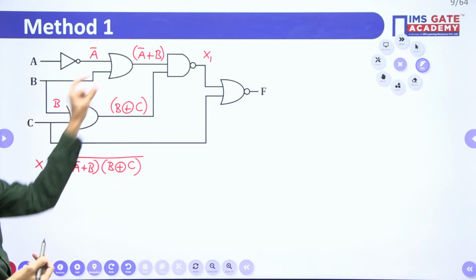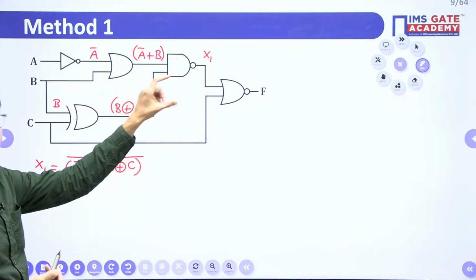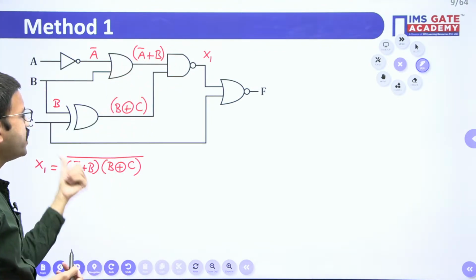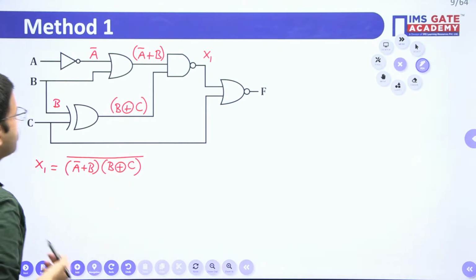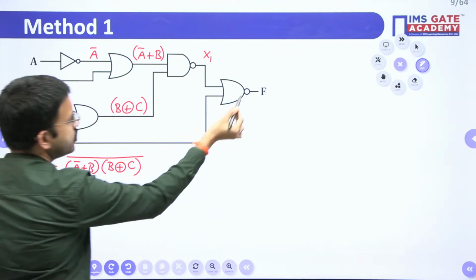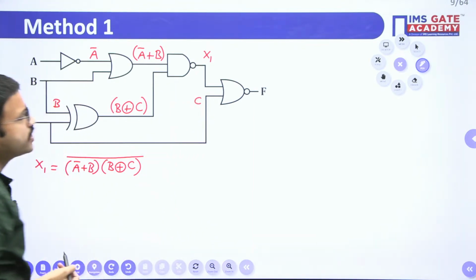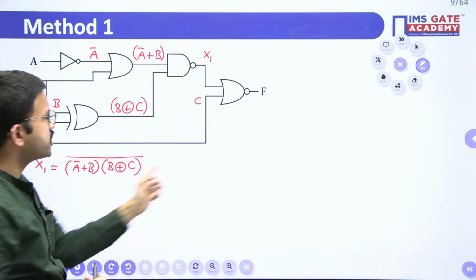When you are having two inputs X, Y, output of NAND gate is nothing but XY whole bar. Now here you are having NOR gate, one input is X1, other input is C.